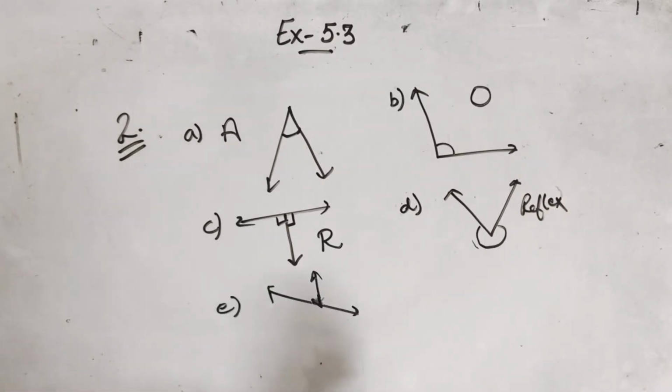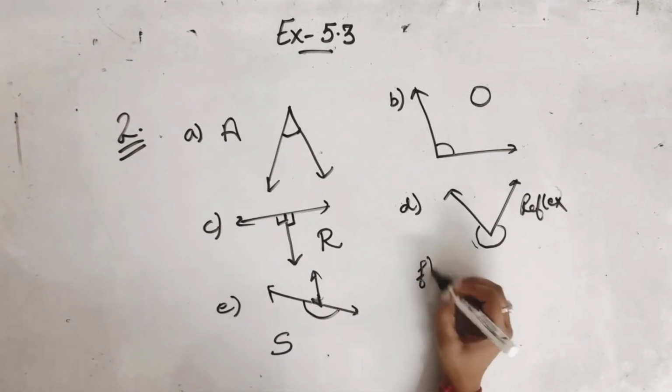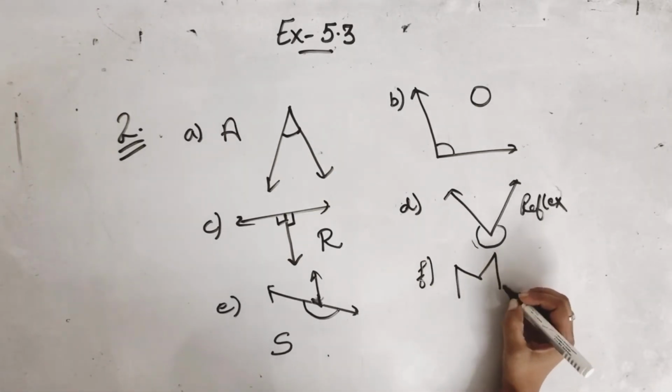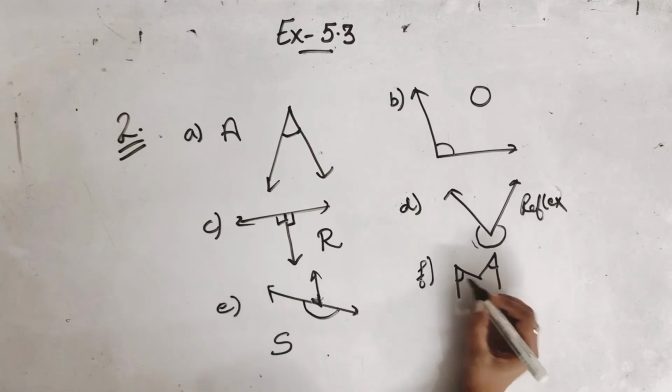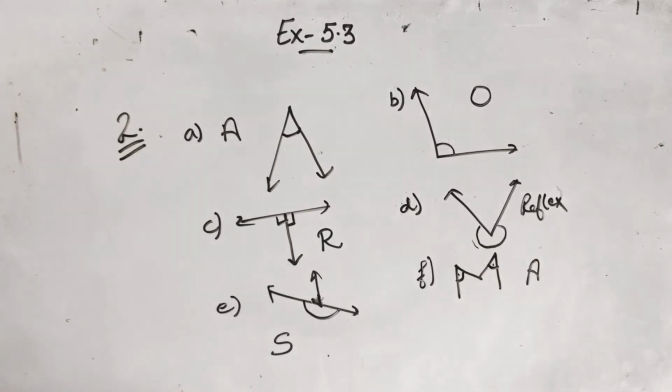E part, you have to find this angle. So now this angle will be straight angle because this is making 180 degree. F part, you have to find these angles. So these angles are acute angles.